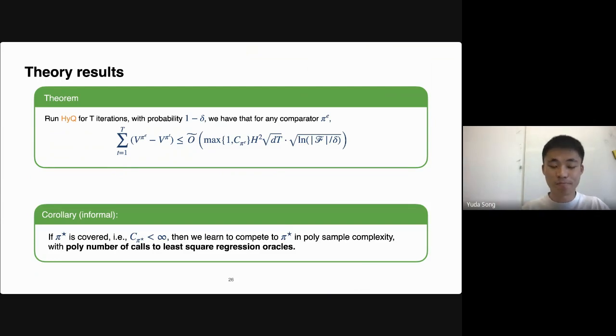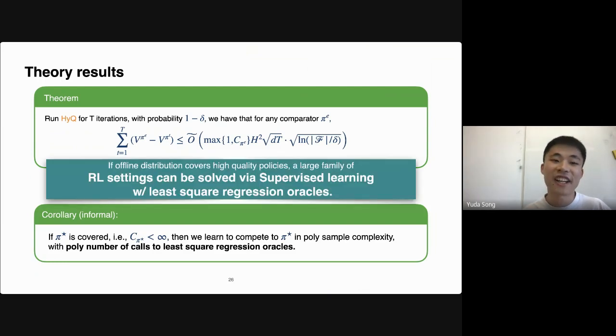This is, I think, a clear improvement over the pure online algorithm, where you have this computationally infeasible algorithm if you do global optimism. And the story here is, if your offline dataset covers a high quality policy, then we can reduce this large family of RL settings to just solving least square regression problems.